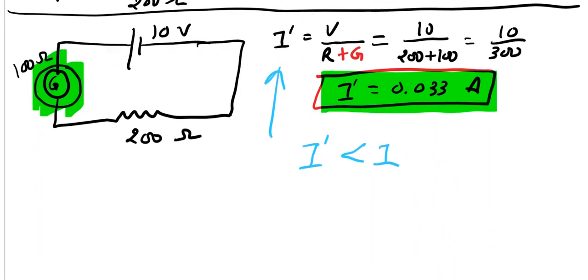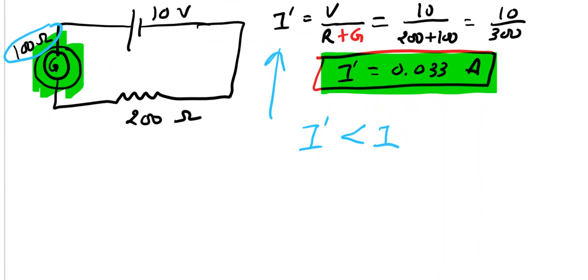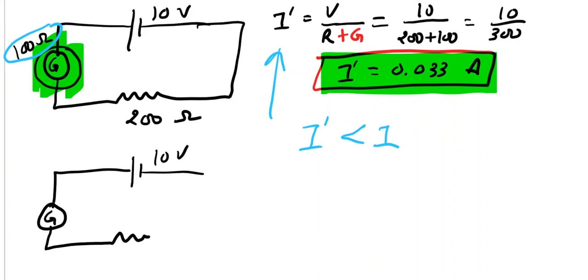Of course, you can do one thing. Instead of taking galvanometer of 100 ohm, suppose you take galvanometer of 50 ohm resistor, let us try that also. So again, I will take same battery, 10 volt. Now I will choose another galvanometer, and same resistor will continue with 200 ohm.